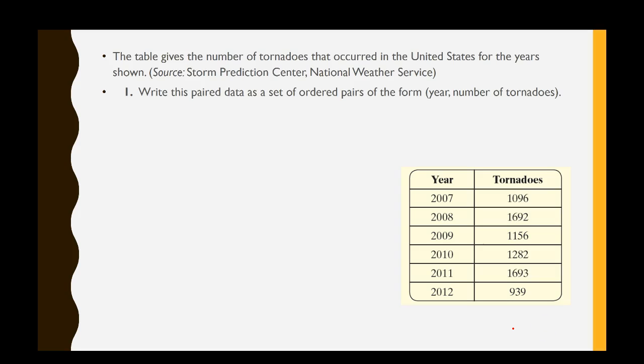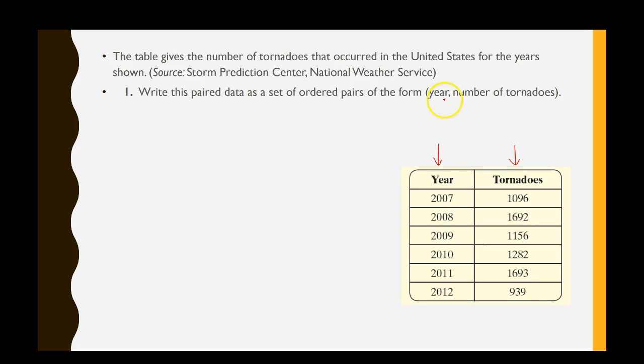So let's look at one and go through the steps on how we create this scattergram. We're looking at this table, which gives the number of tornadoes that occurred in the United States for the years shown. So we have our years and the number of tornadoes that correspond to each year. The first step is to take this table and write it as paired data.